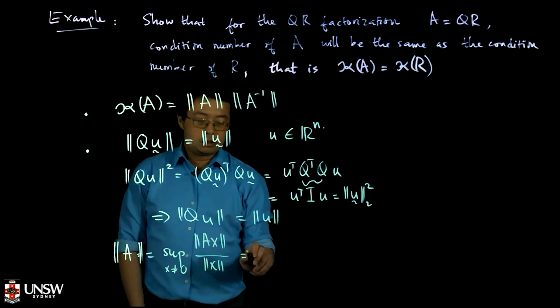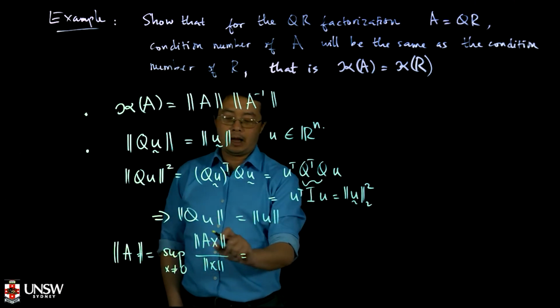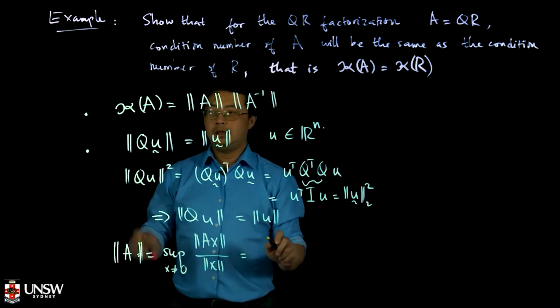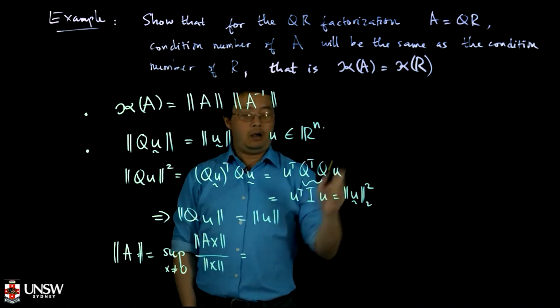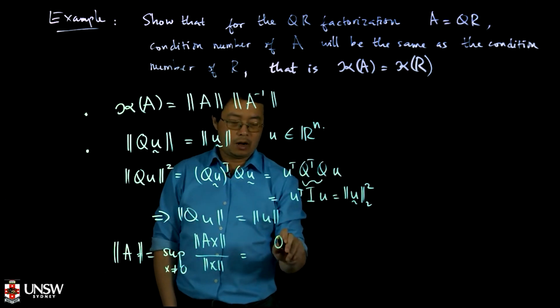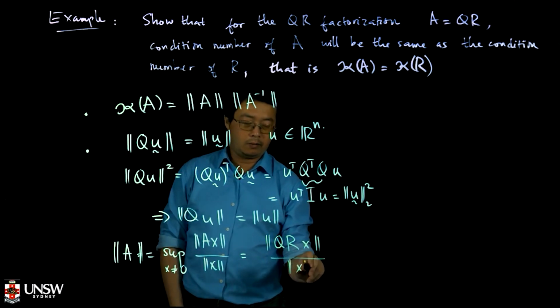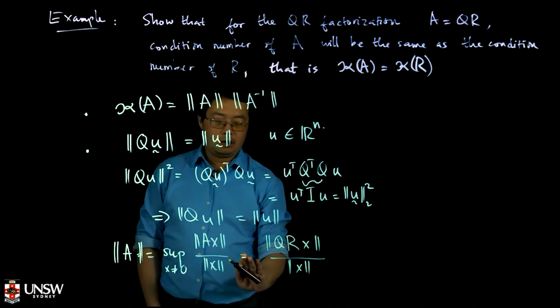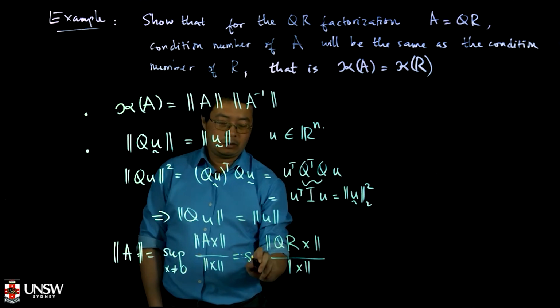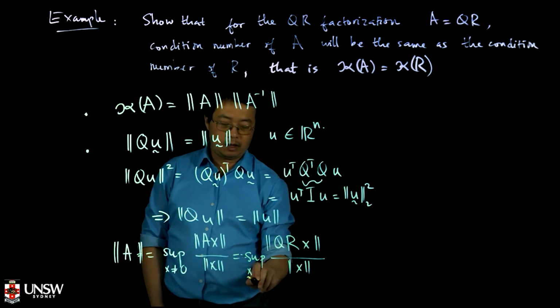And now I will replace A by QR because I have the QR factorization. So I have the norm of QRX divided by the norm of the vector X, and I take the supremum over the vector X non-zero.